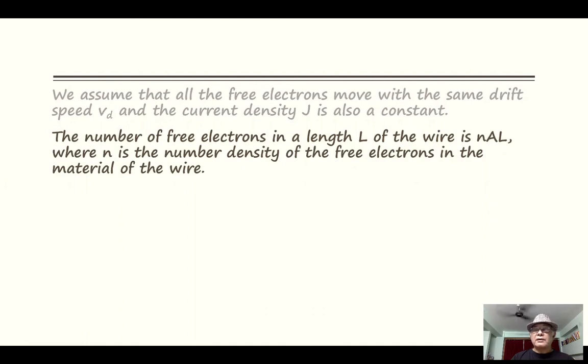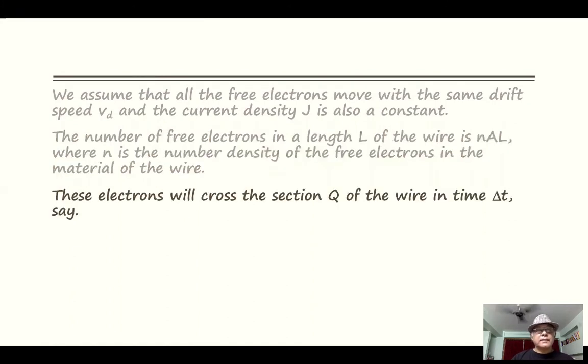We have defined A as a cross-section of the cylinder in the previous slide. These electrons will cross the section Q of the wire in time delta t, say. Then delta t is equal to L by Vd. This is equation 1.